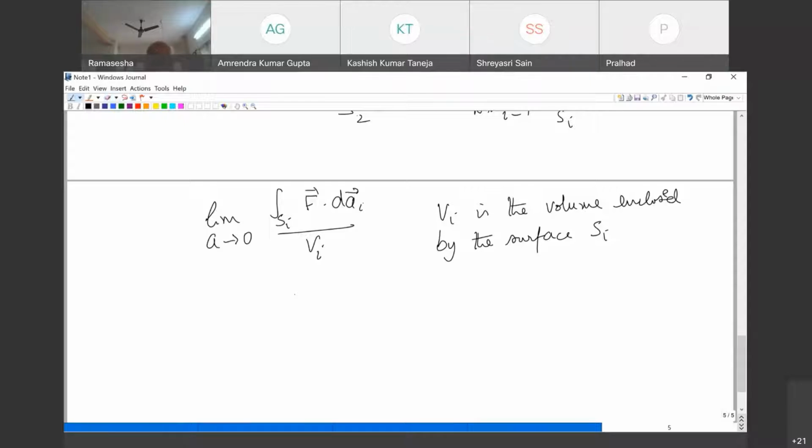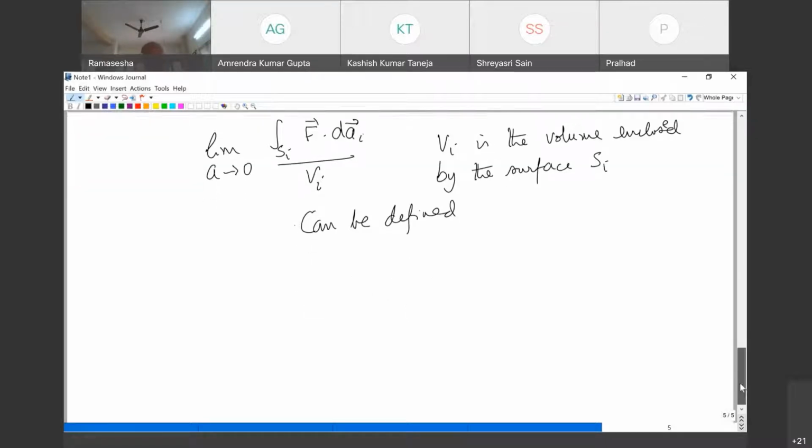This quantity can be defined because there are no singularities. That is, there is nothing in the integral which shoots to infinity as Vi goes to 0. So the integral is well defined, so that as the Vi shrinks, this quantity, the integral over Si of F dot dAi, survives to a finite quantity. That divided by Vi also is finite in the limit.